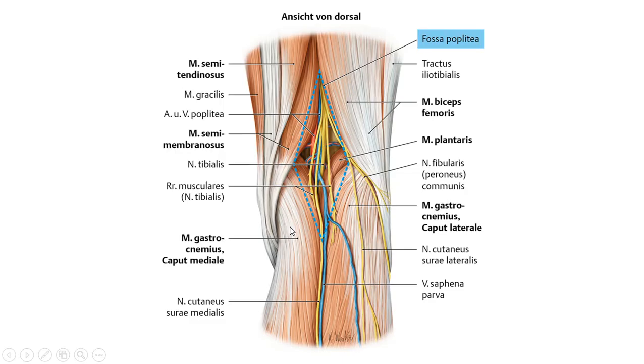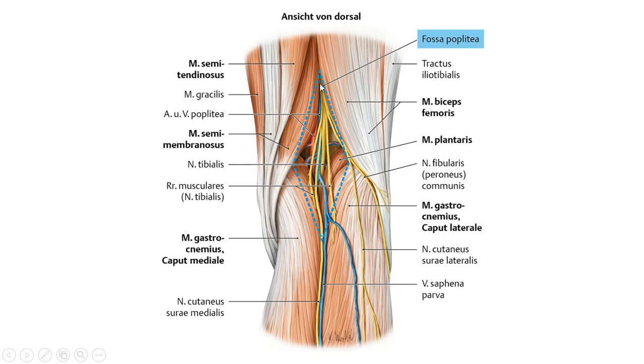But before we discuss these branches, we need to repeat what forms the fossa poplitea again. So here we have this rhomboidal fossa, and we have two upper margins and two inferior margins, as well as two vertical angles and two horizontal angles.